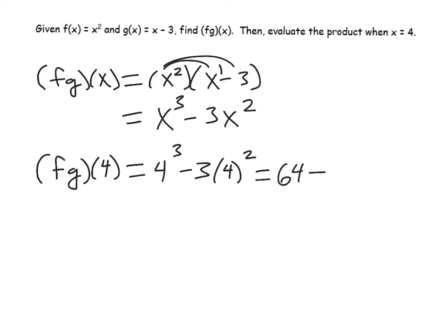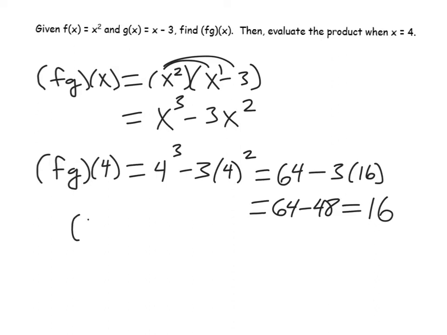Four to the third is 64. 3 times 16. 64 minus 48, 16. Okay? Plugged in 4, right? It's always worth a reminder here in terms of the notation that we're using. This means if you plugged in the x value of 4, we got a y value of 16.